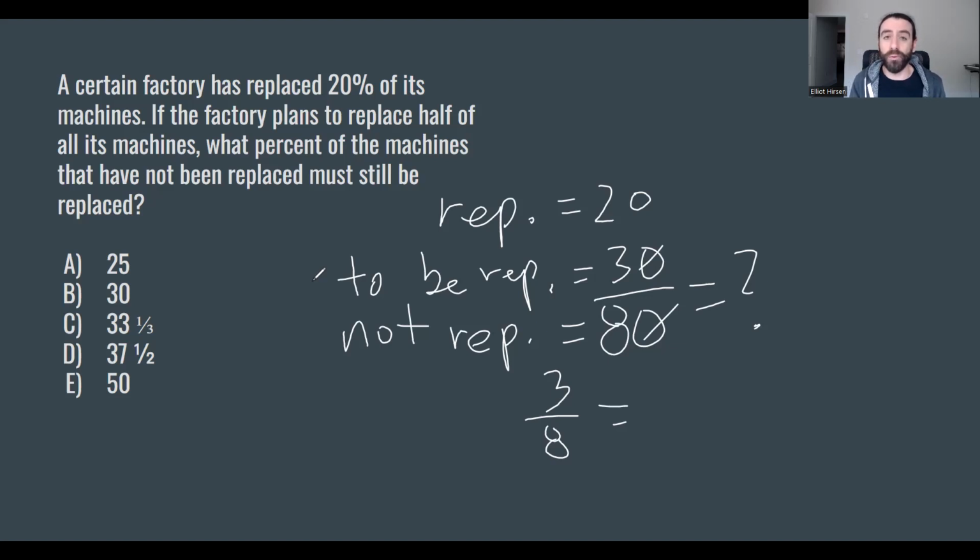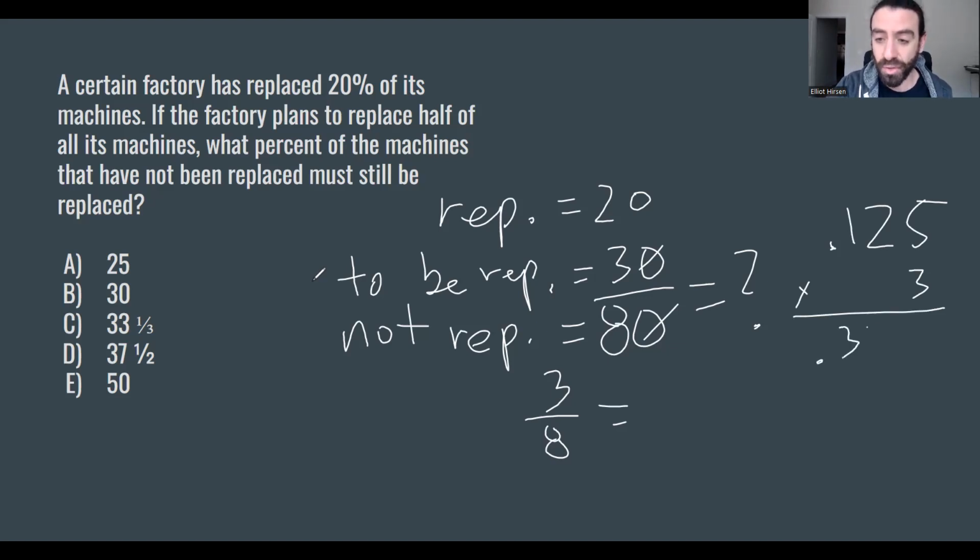So if we cut 1/4 or 0.25 in half, we'd have 0.125. Okay. So one way or the other, you got to be able to get to 0.125 as 1/8. We multiply that by 3, we're going to get to 0.375. Okay. That's what we have here.